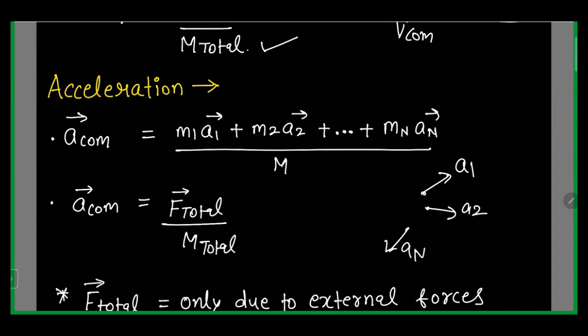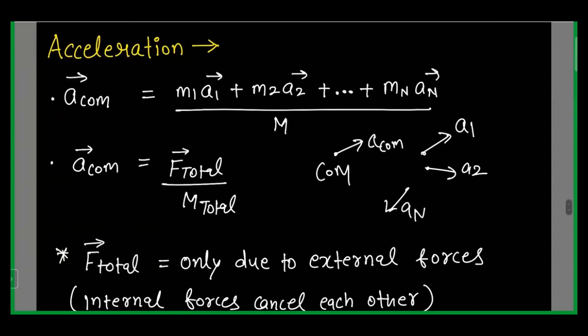If you reduce this problem into a center of mass problem, and you don't want to study all the particles but only one point, which is the center of mass, then what will be the acceleration of that center of mass? The formula is quite simple: (m1a1 + m2a2 + ... + mnan) divided by the total mass. This can also be written as the total force divided by the total mass.